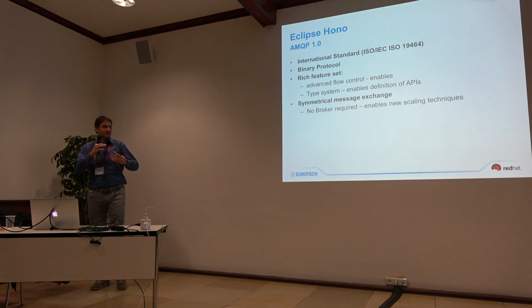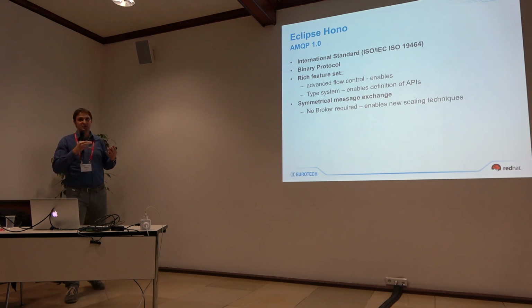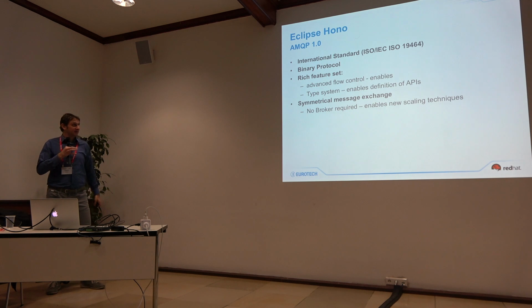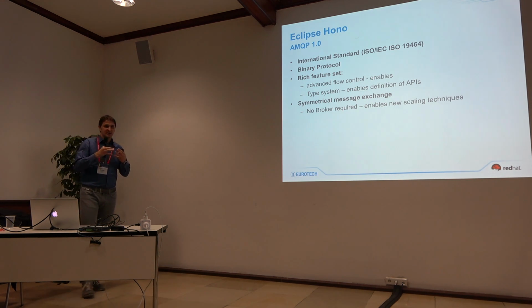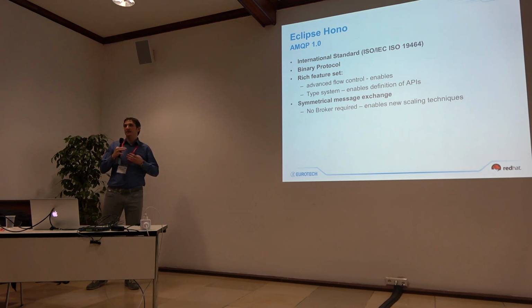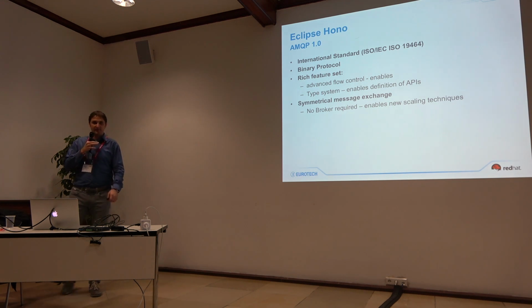So we can have traditional client-broker messaging, but we can also have direct messaging. And as we will see in a couple of slides, this allows us to create new horizontal scale topologies for the messaging layer that should provide the scalability needed for IoT.